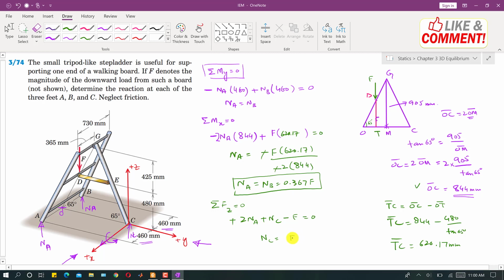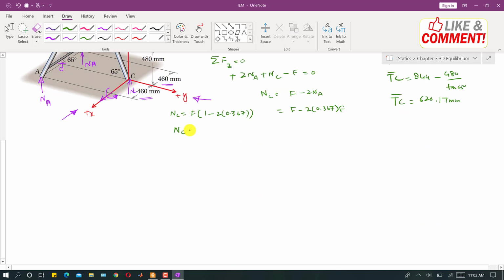So NC is F minus 2NA, which is F minus 2 times 0.367 F. Taking F common, NC equals F times 1 minus 2 times 0.367. So NC comes out to be 0.266 F. This is the solution of this problem.